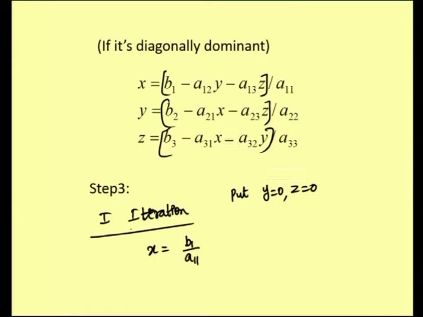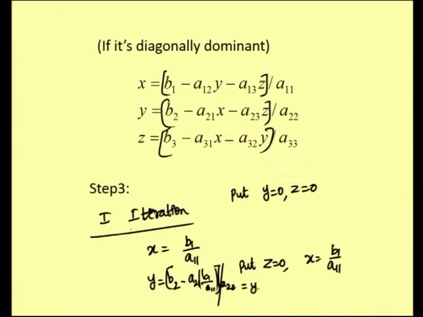Then for the second equation, put z is equal to 0 and x is equal to B1 by A11 to find y. So, y is B2 minus A21 into B1 by A11, divided by A22. For the third equation, to obtain the value of z, whatever values you have obtained as x and y previously should be substituted.